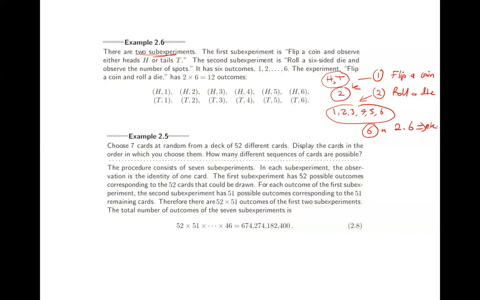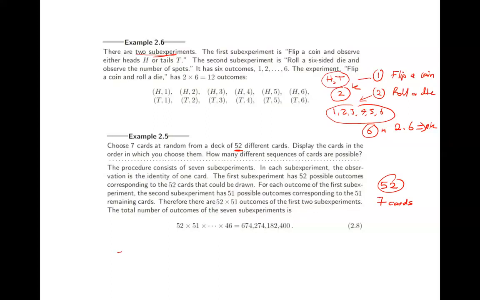Next, we have a deck of cards, 52 cards. And we choose 7 cards from this deck. How many different sequences of cards are possible? Let's think about this.